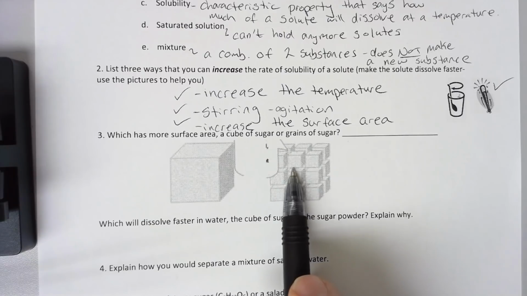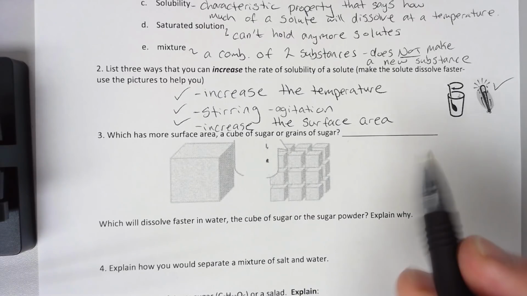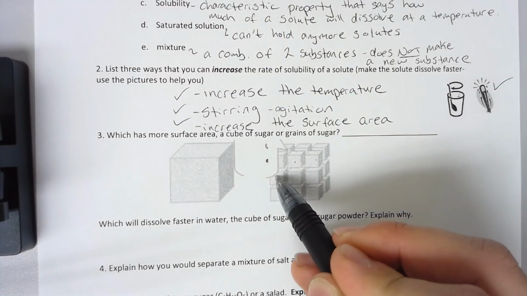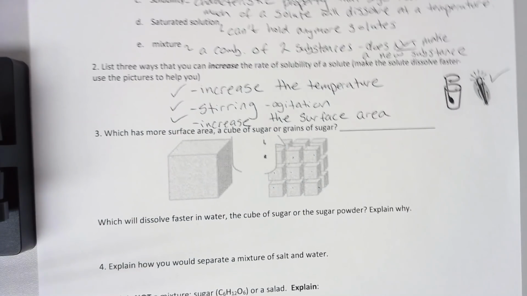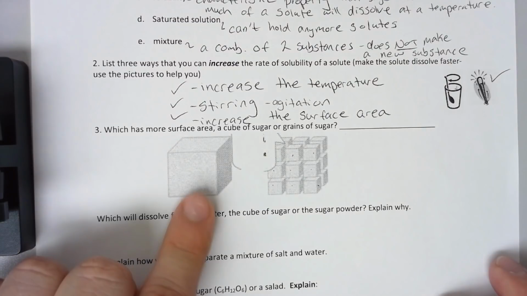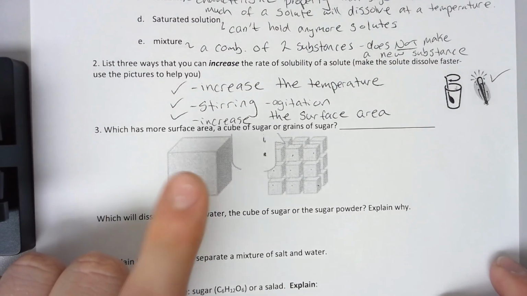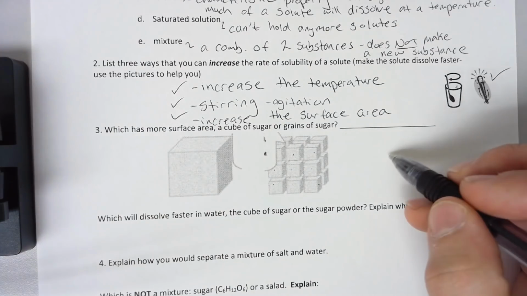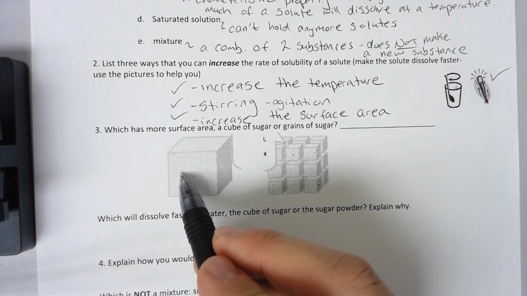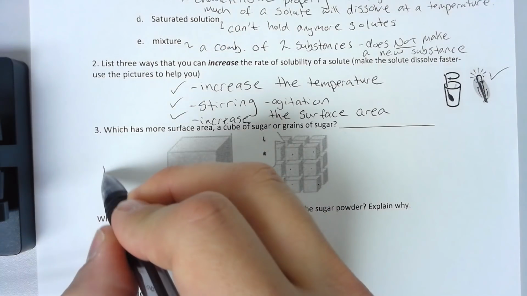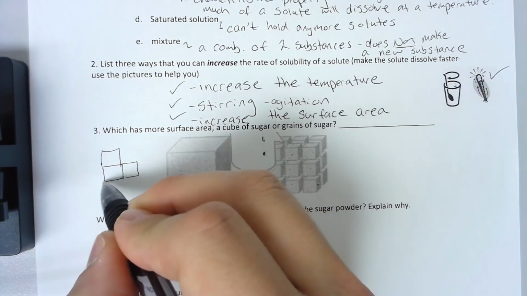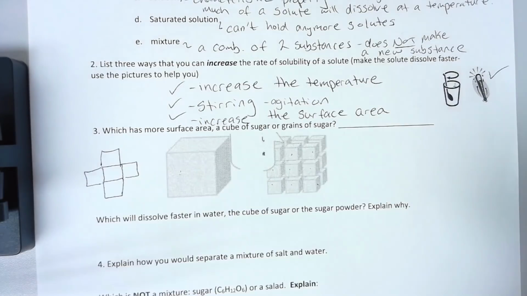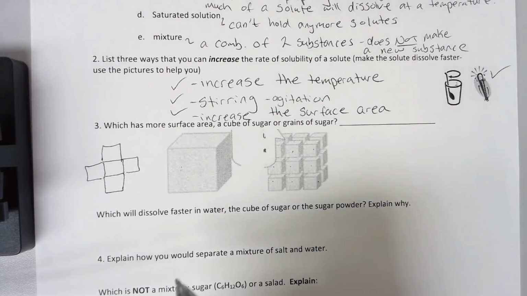And each one of these little cubes is like 1 grain of sugar. So if you're looking at this, you might think right away, okay, this is bigger, so it has more surface area. The thing is, surface area, if you remember in math class, if I was doing this cube right here, surface area is, if I were to undo this cube, is that enough?